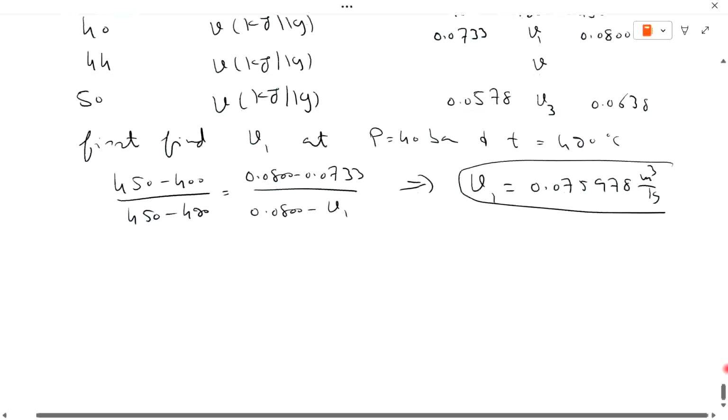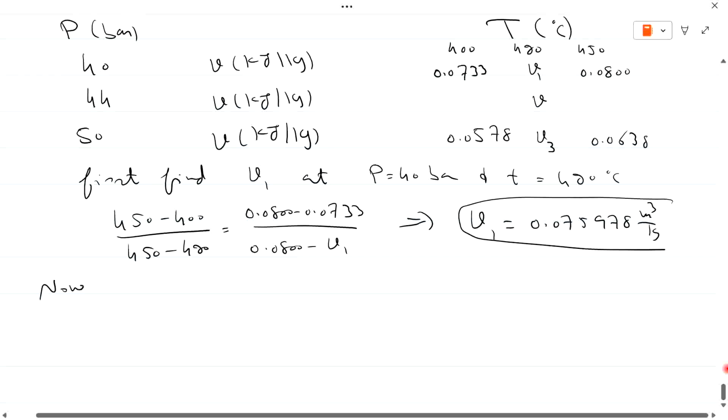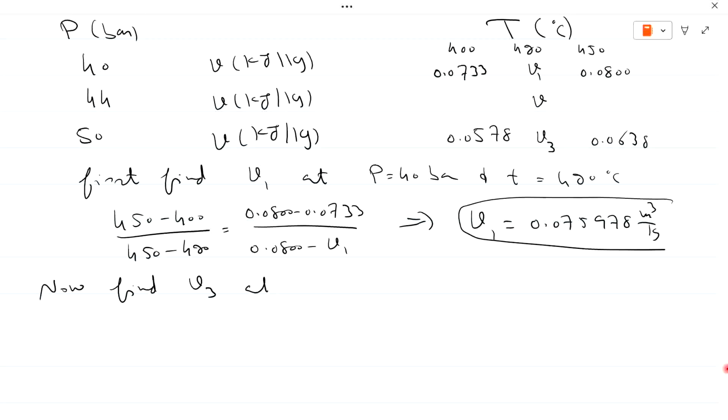Now find V3 by interpolation, at pressure equal to 50 bar and temperature equal to 420 degrees centigrade. So interpolate between 400 and 450 degrees centigrade.